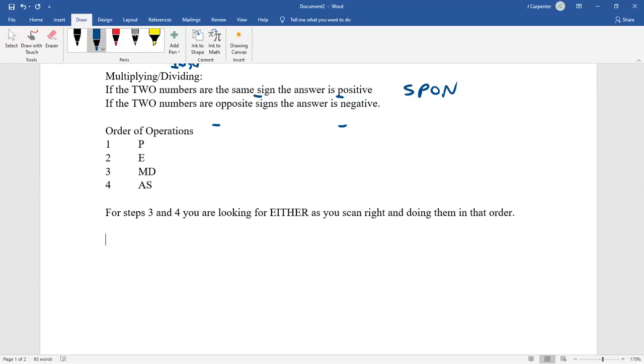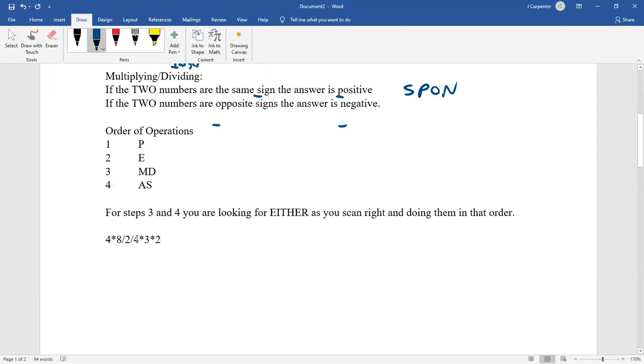So if I had something like, I won't complete this problem since we have some over on the other screen, 4 times 8 divided by, that's not an 8, that's an X, divided by 2 divided by 4 times 3 times 2. So the slash is a division, the star is a times in keyboard notation.